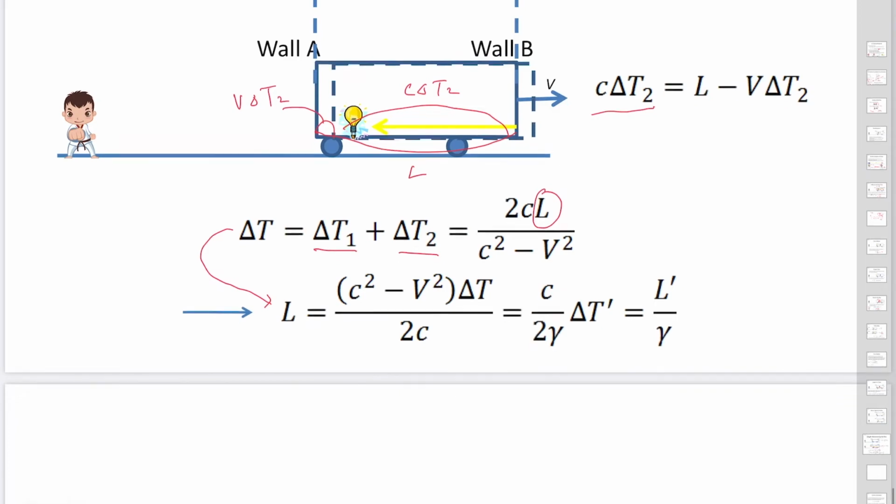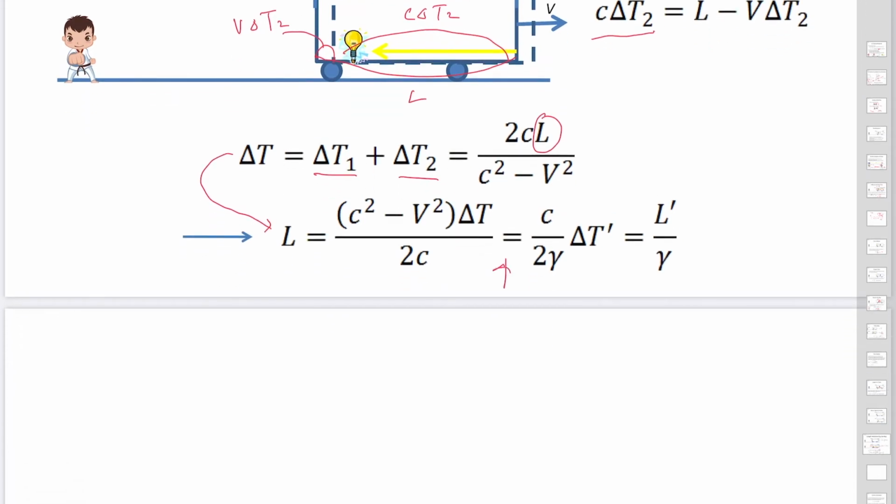And from this equation, you can substitute: delta T prime equals square root of 1 minus V over C squared times delta T. So instead of delta T, you can substitute here.